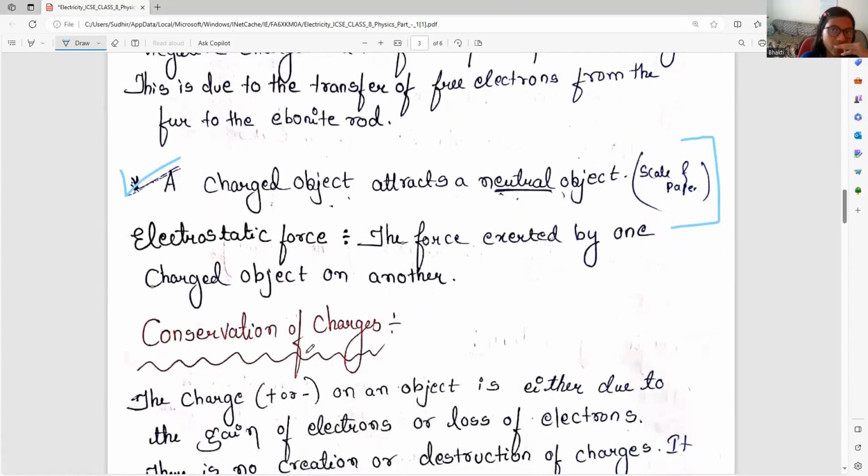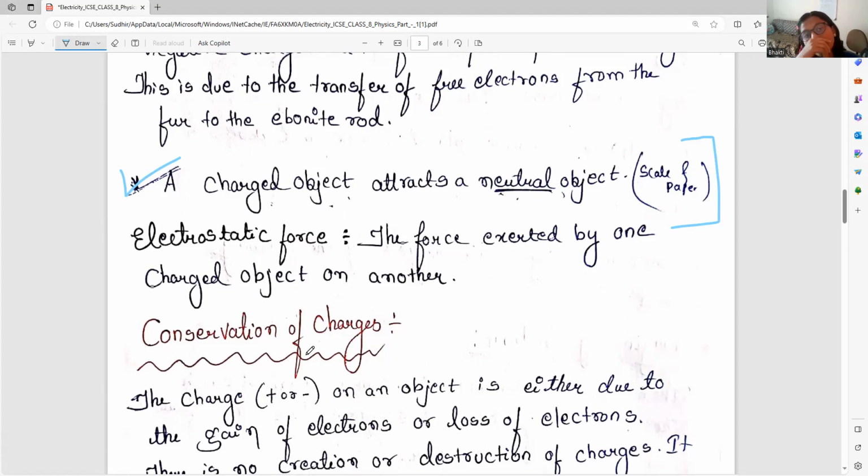Electrostatic force. In 8th standard, in the chapter on friction, we learned about electrostatic force. There are two types of forces, contact and non-contact. In contact, there are muscular force and frictional force.